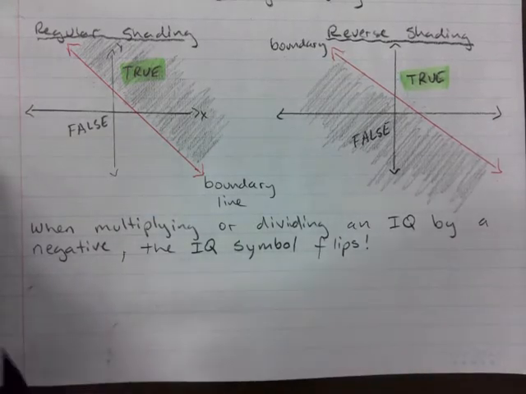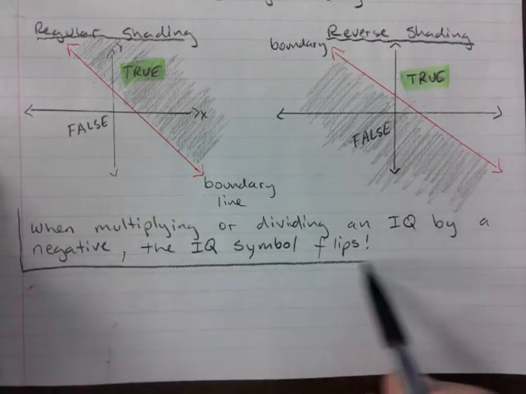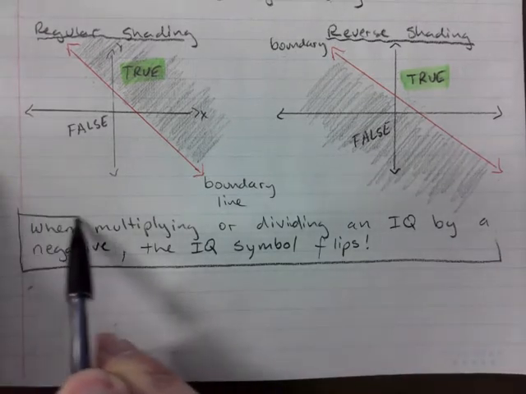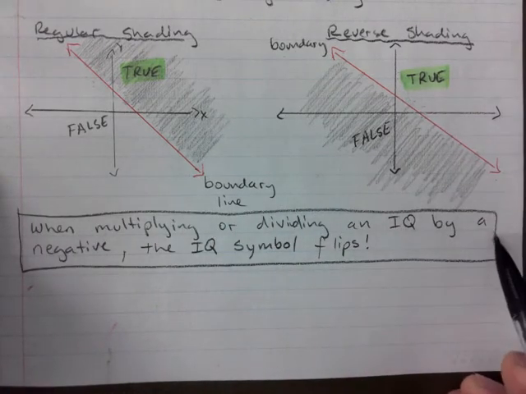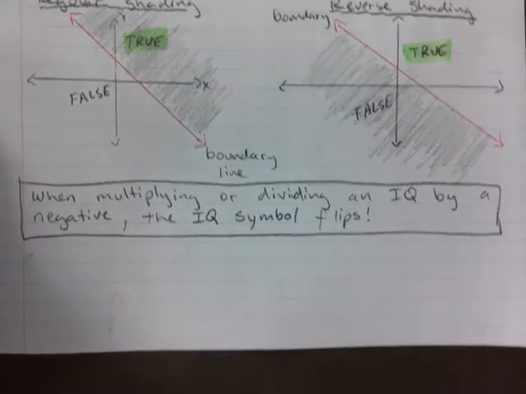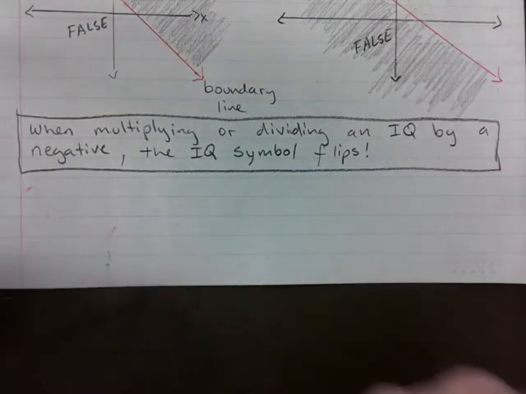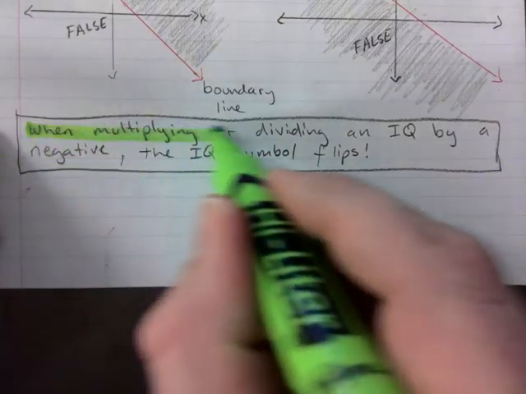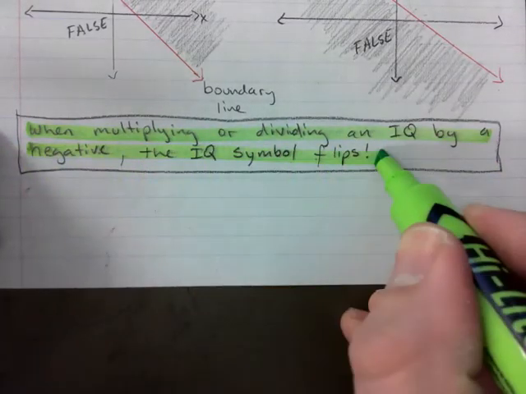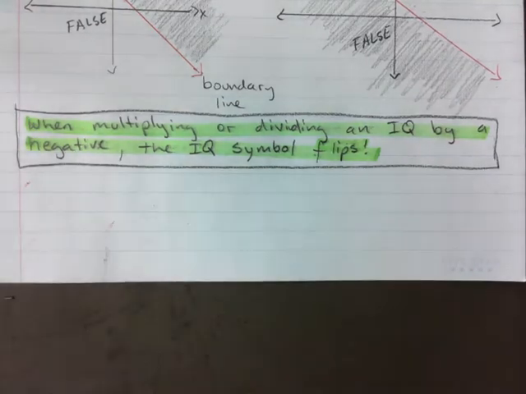Very important. And if you don't, I would somehow indicate this on my study sheet. Okay. Multiplying or dividing an inequality by a negative, the inequality symbol flips.